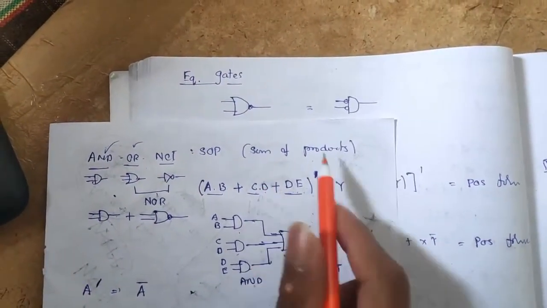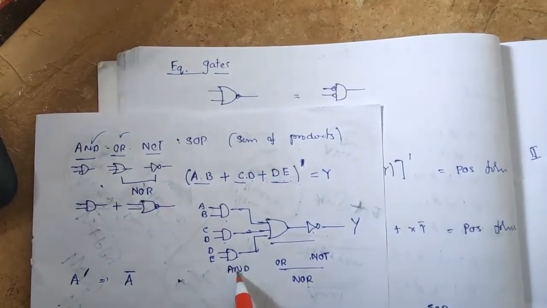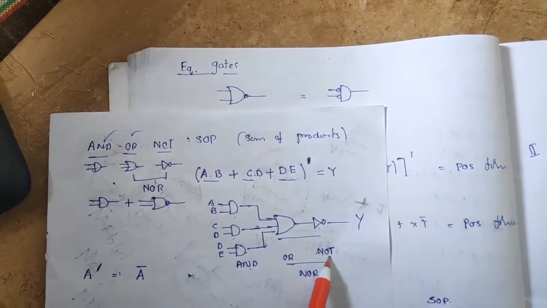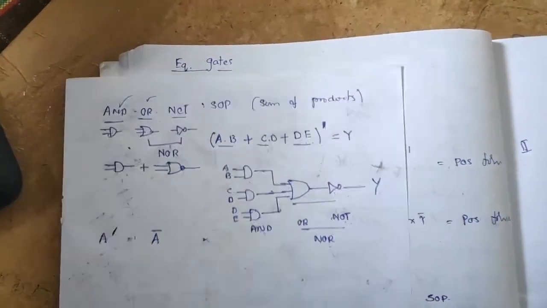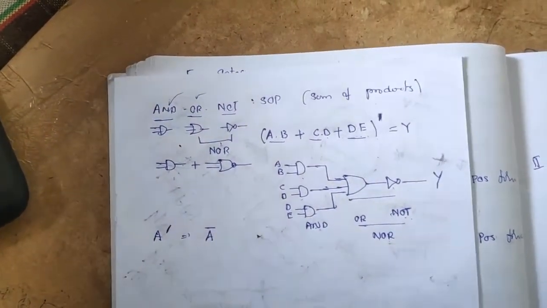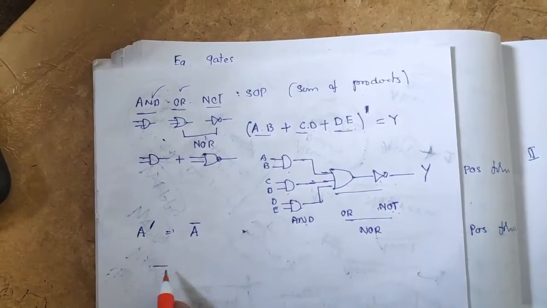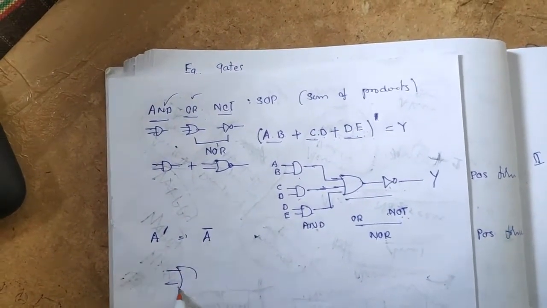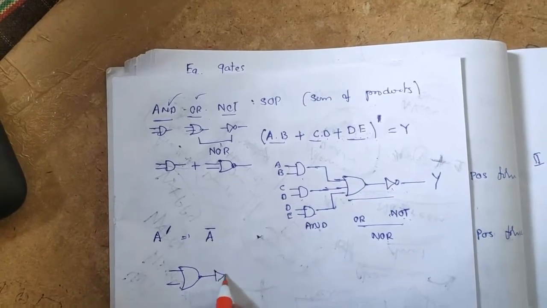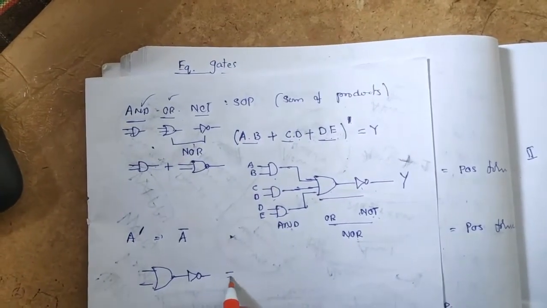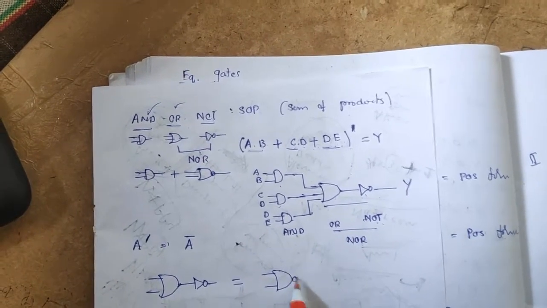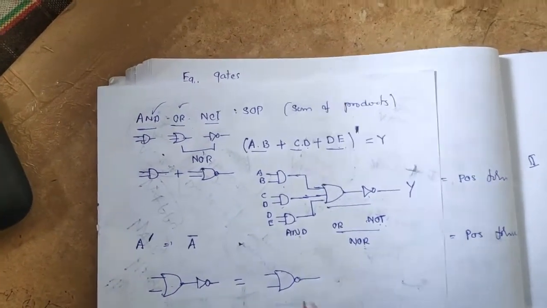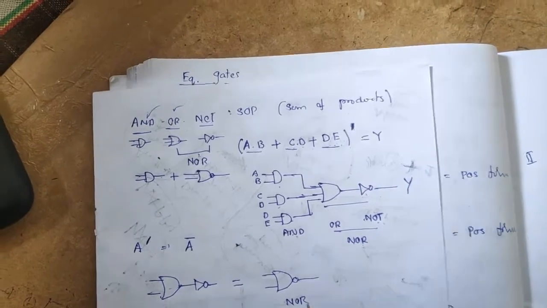So sum of products is representing the AND, OR, NOT representation. Here I have an OR gate and a NOT gate, which is equal to this NOR gate; this bubble is fed to it, so this is the NOR gate.